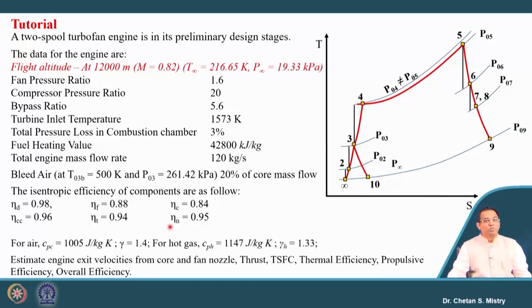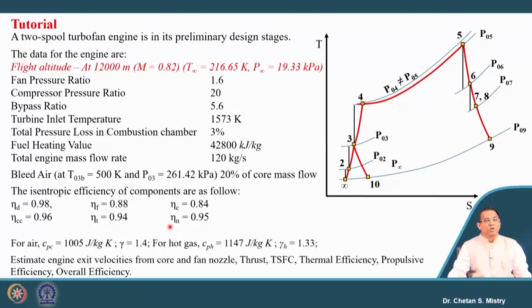What we need to do is calculate the exit velocity from both the nozzles, and the thrust specific fuel consumption, thermal efficiency, propulsive efficiency and overall efficiency. So, you are clear with what configuration we are discussing at this moment.